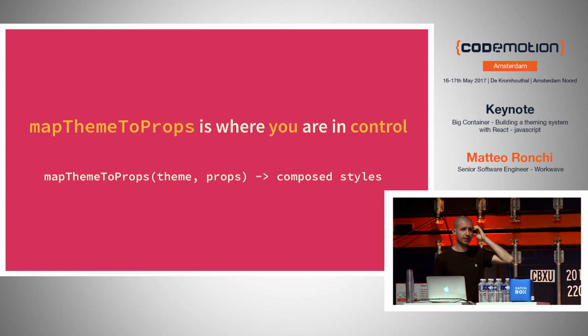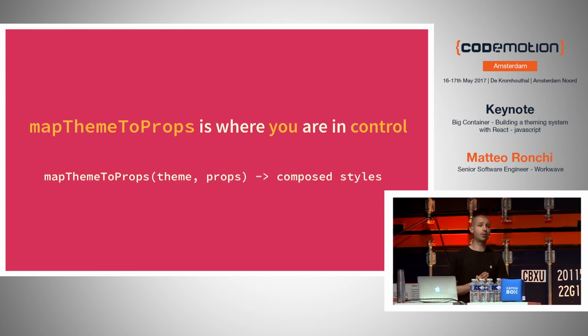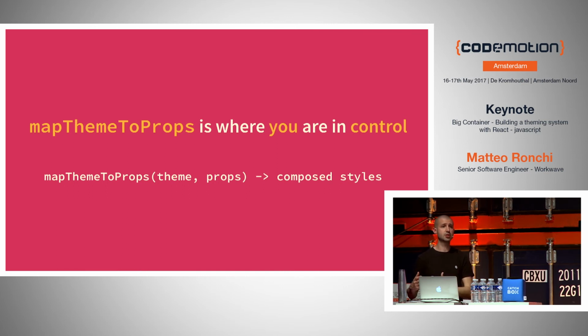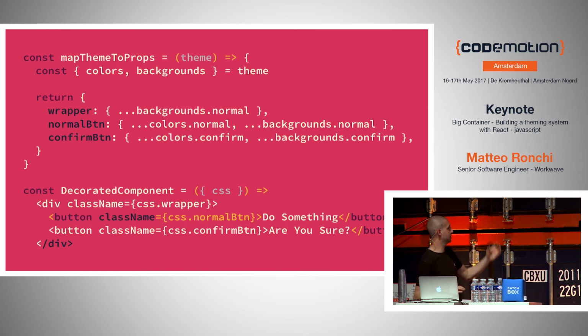And then we can, if we want to use it, accept the component prop. So if we define the prop argument, every time the component props change, we will get our map theme to props recomputed for us. This is a minimal example of what we can do with map theme to props. So we receive the theme without the prop in this case.